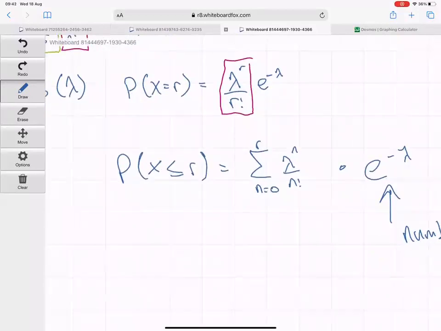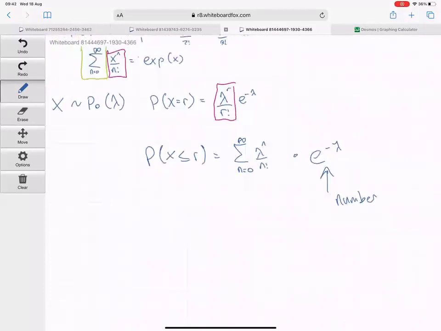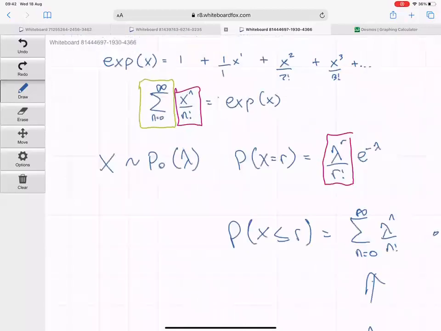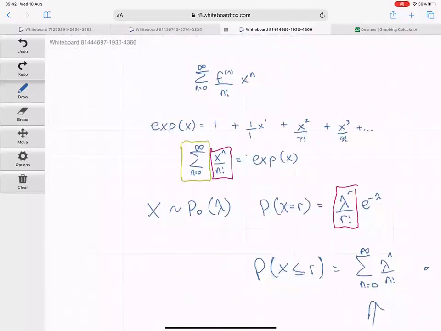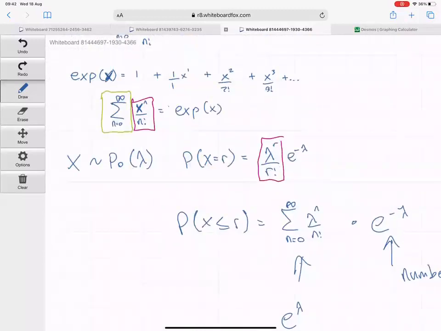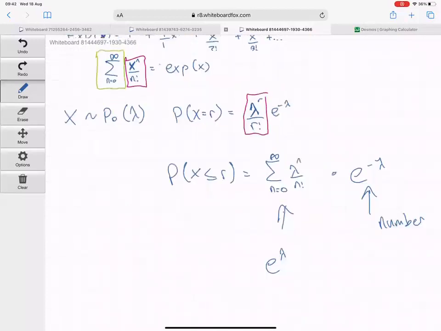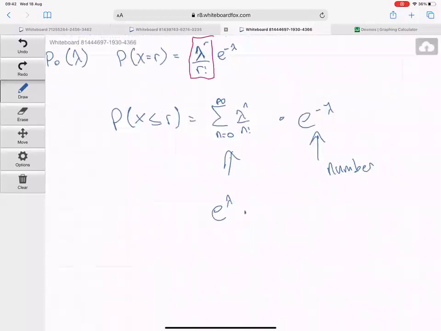If this instead didn't stop at r, but went all the way up to infinity, then this part here would go to e to the lambda, because this is e to the x, right? The input here is x, and I've got an x in here to the n. So if my input in here is lambda, then this is e to the lambda times e to the minus lambda, which is 1.